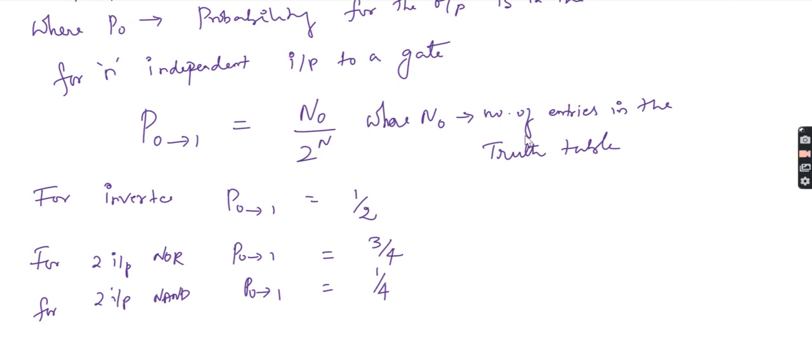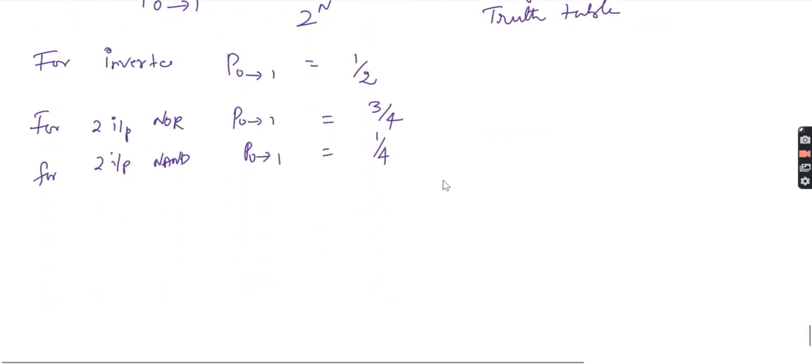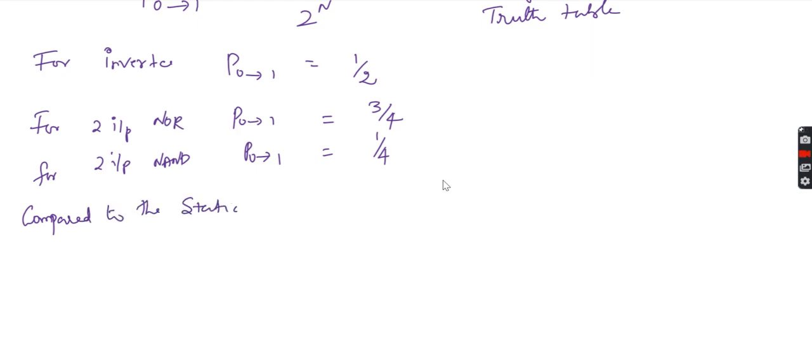So now you may think why we are taking only 0, compared to the static CMOS, where the transition probability is more.